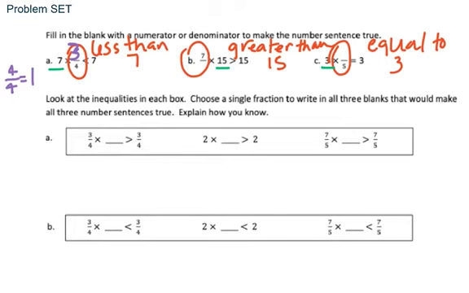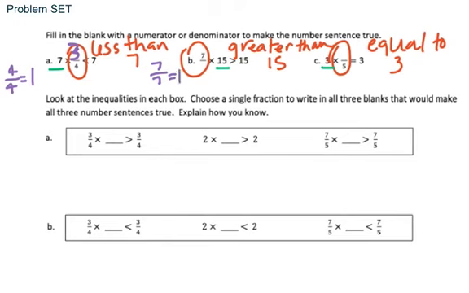Okay, letter B. 7 over something times 15 is greater than 15. So I know that this scaling factor needs to be greater than 1. So if 7/7 is equal to 1, I need this to be greater than 1.